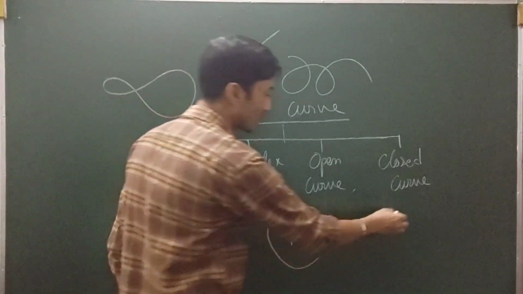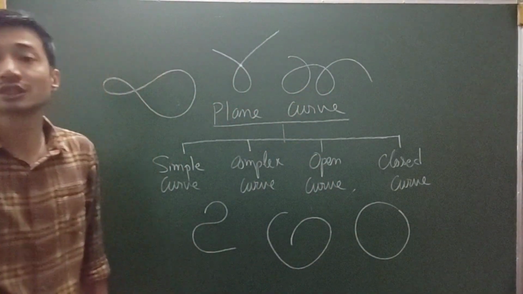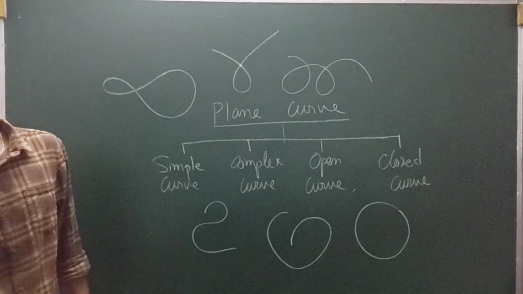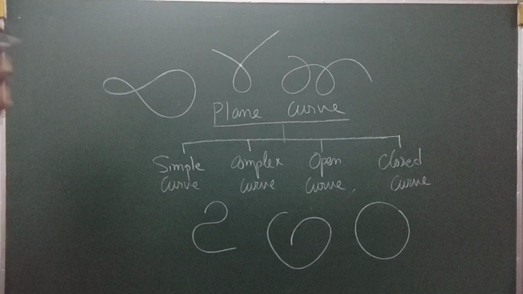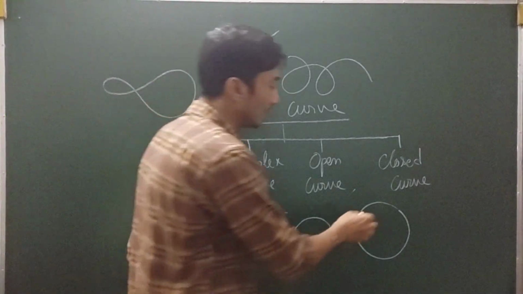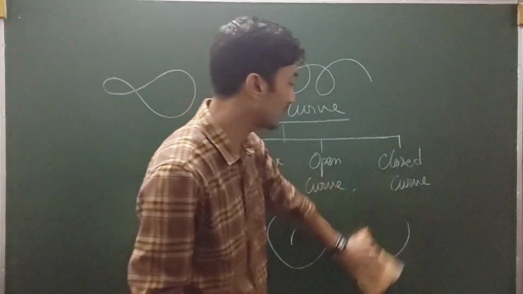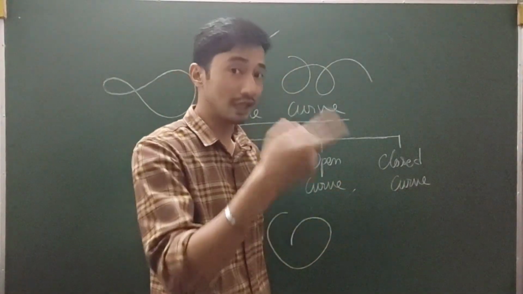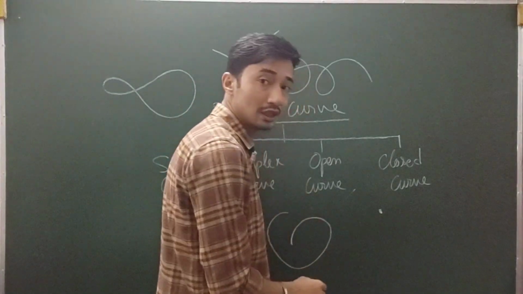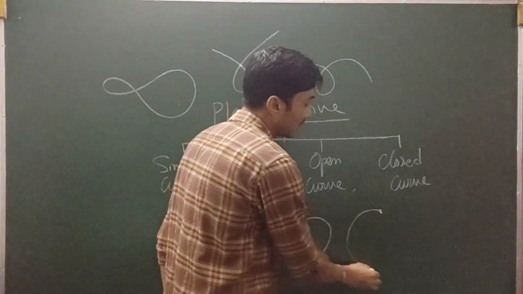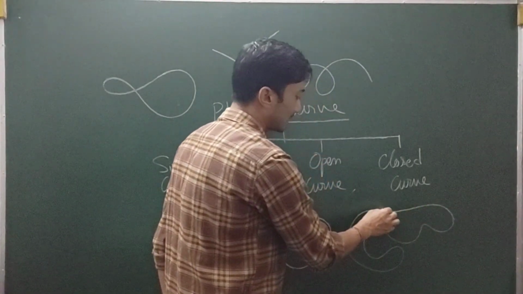When you understand the concept of closed curve, you will understand the concept of open curve too. Closed curves are those curves which are bounded, closed. There is no opening at all. So these curves are called closed curves, where the initial and the final point meet each other. Initial means starting point. Final means last point. So if this is the starting point, I start, I do whatever I want, but again I come back to the final point.